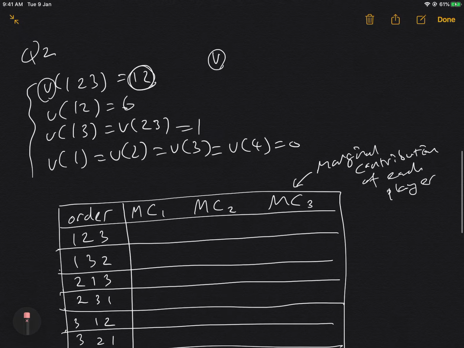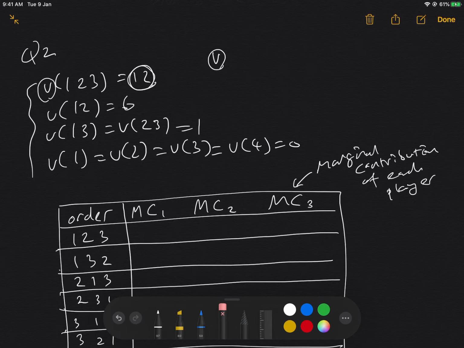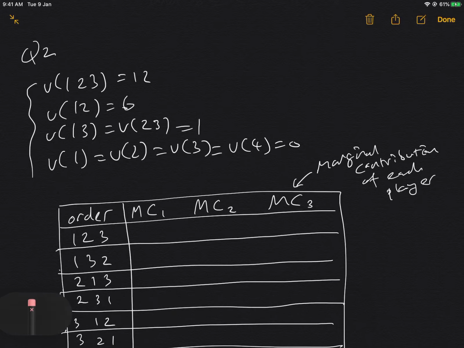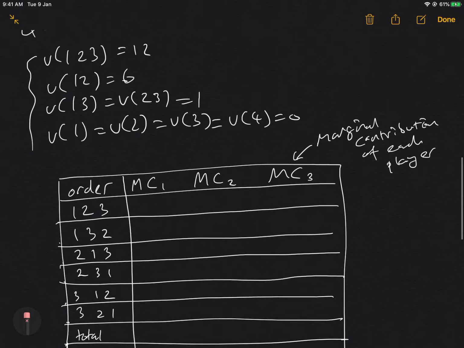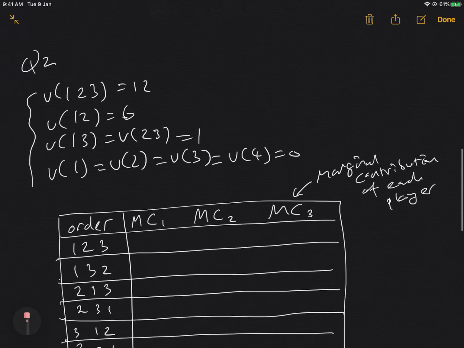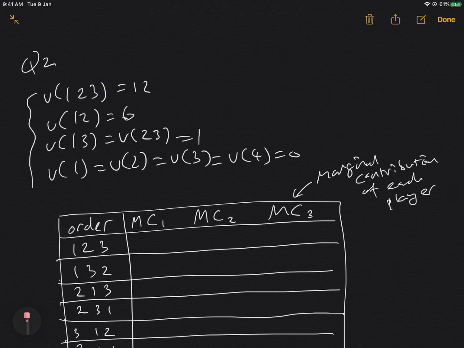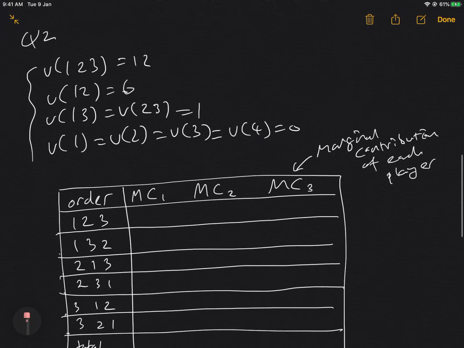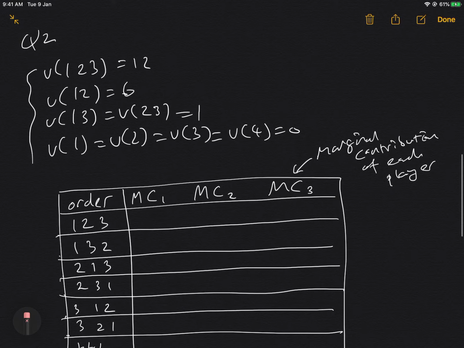Okay, so in the previous video, we talked about a case where we only have 0 and 1 as values of the value function. Now we're gonna look at when we have 0, 1, 6, and 12. So that's not a simple game, as we call it.